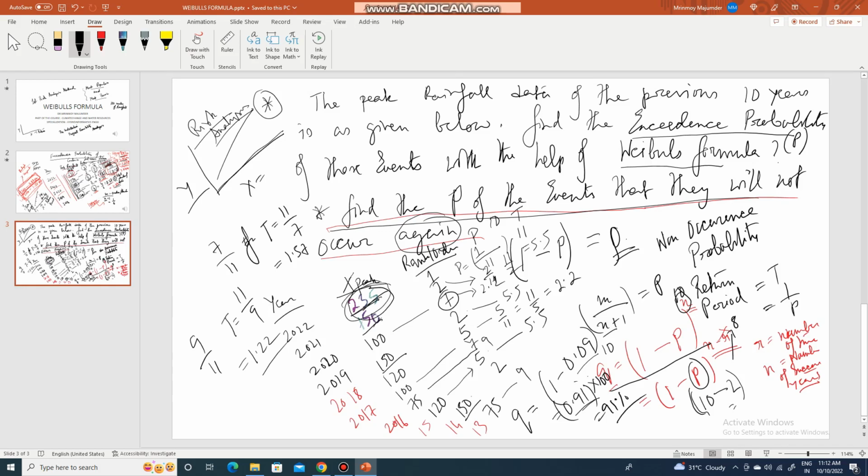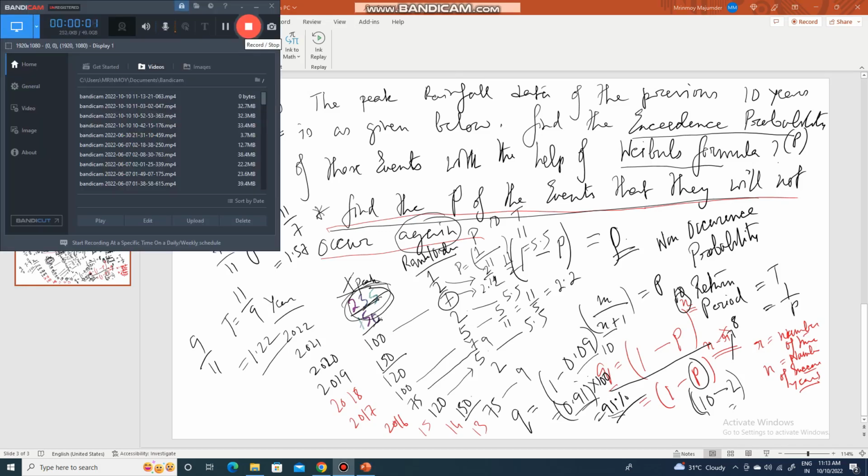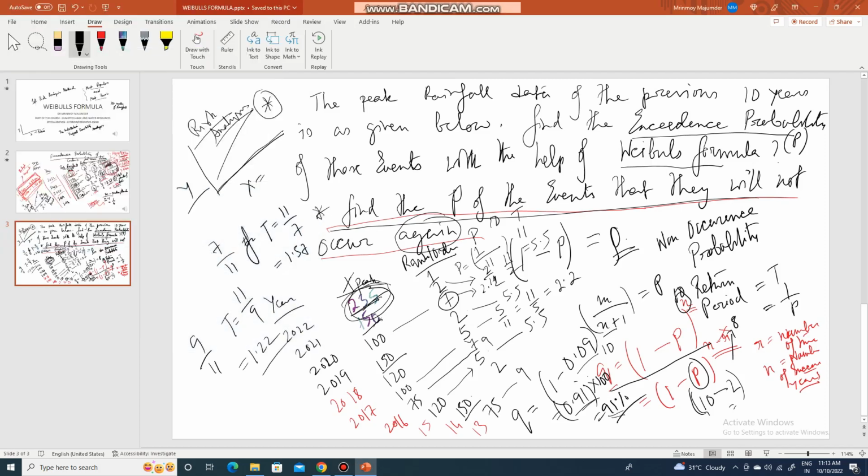So if there is no n and no r, that means if the time period and the number of times that the storm will not occur are not given, then keep it as it is, that is 91%. The result will then be 91%. But if the time period and also the number of times they will not occur again are given, that means n and r are given, then you have to raise this equation 1 minus P to the power n minus r.